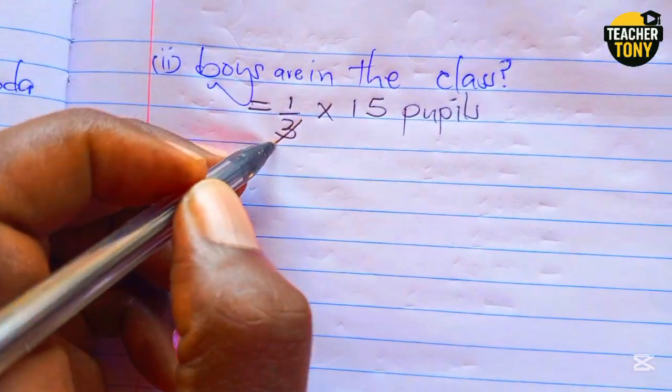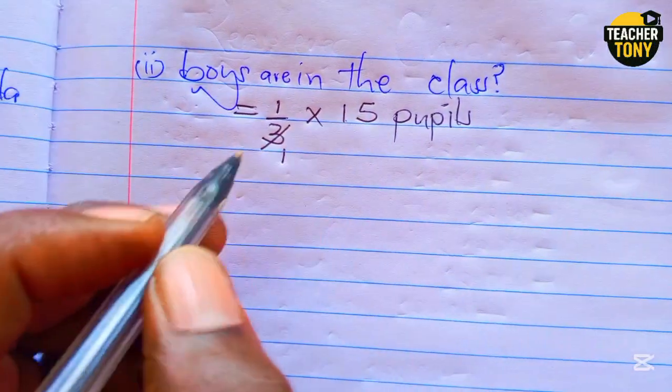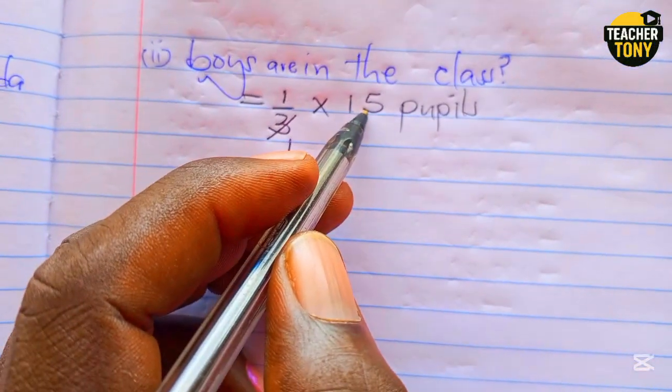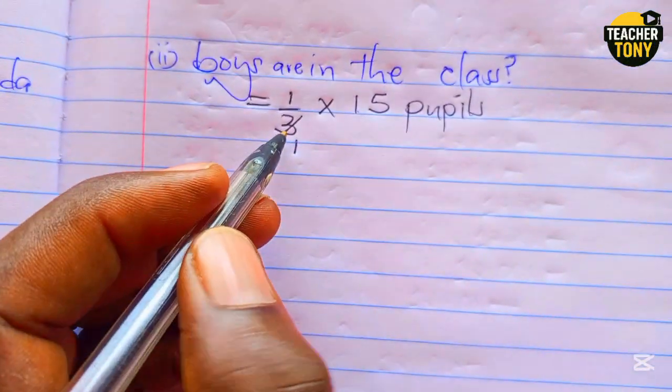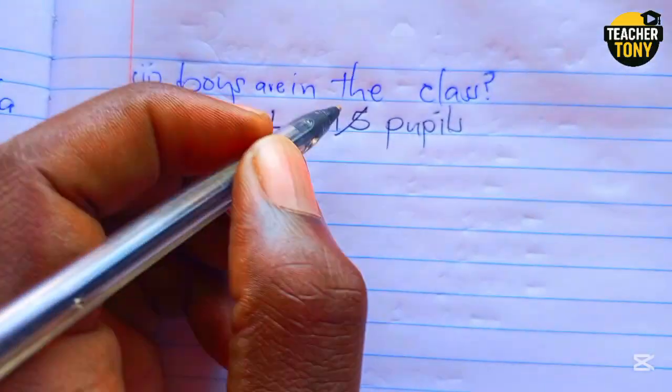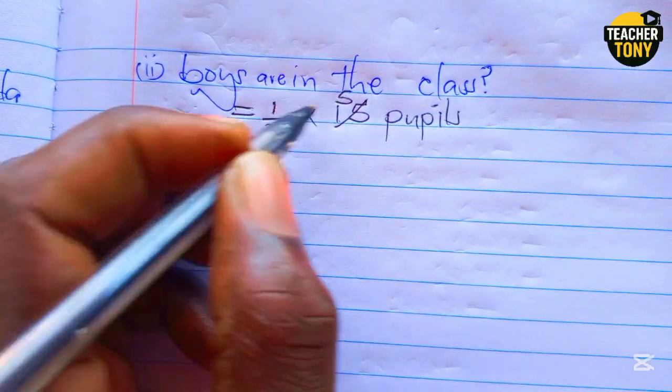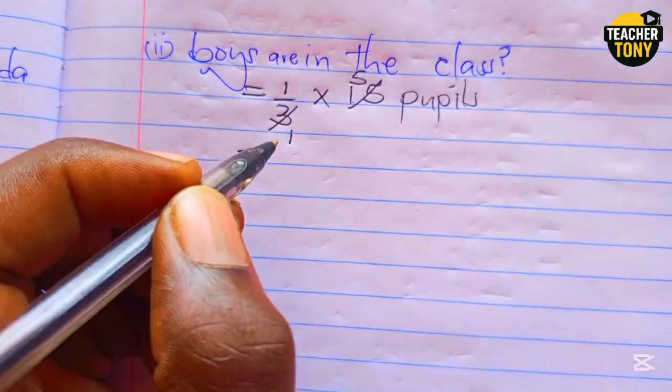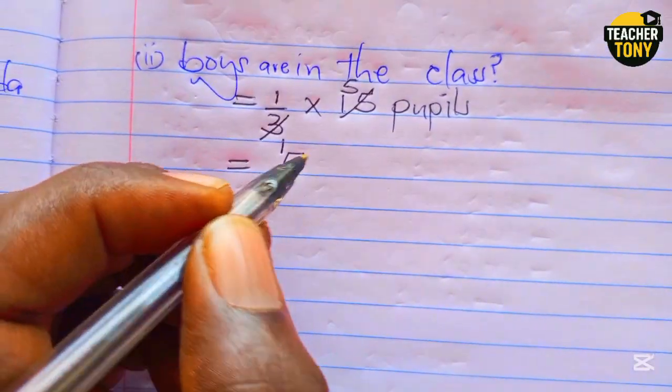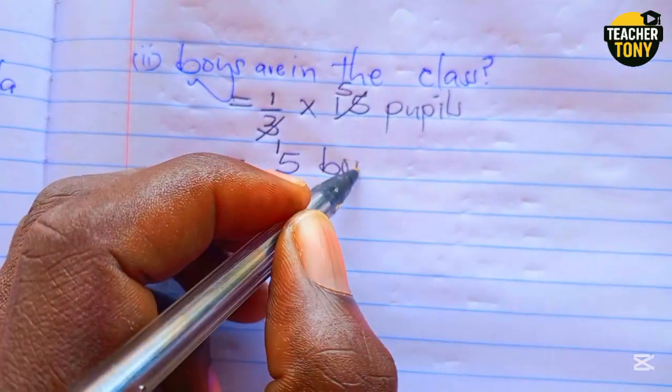By 3 we have 1. This 15 is divisible by 3 because when you add 1 plus 5 you get 6, and 6 is a multiple of 3. So 15 divided by 3 you get 5. 1 times 5 is equal to 5, not pupils but boys.